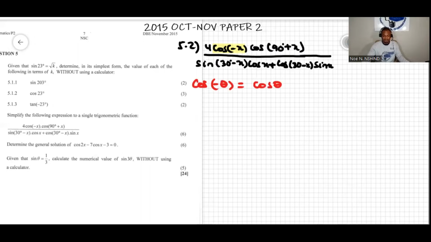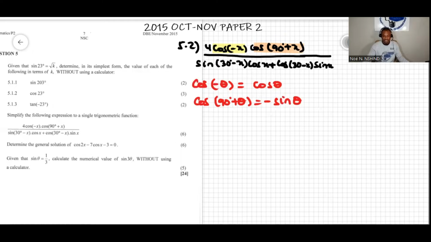And if I look at this one, cos of 90 degrees plus x, this is equivalent to cos of 90 degrees plus theta, which is equal to negative sine of theta. It can be reduced to that formula.